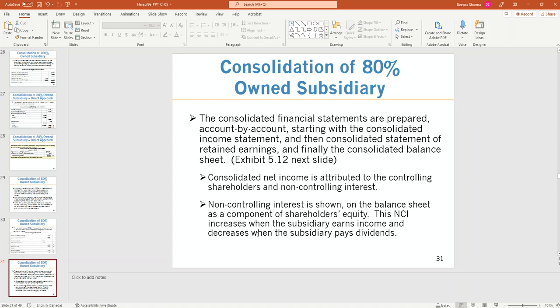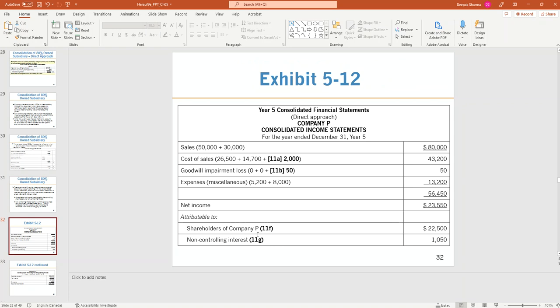So the NCI only gets reflected with two things. One, the net income, which is the adjusted net income of the subsidiary after applying the acquisition differential. And then if there's a dividend paid out, that gets subtracted from that NCI as well.